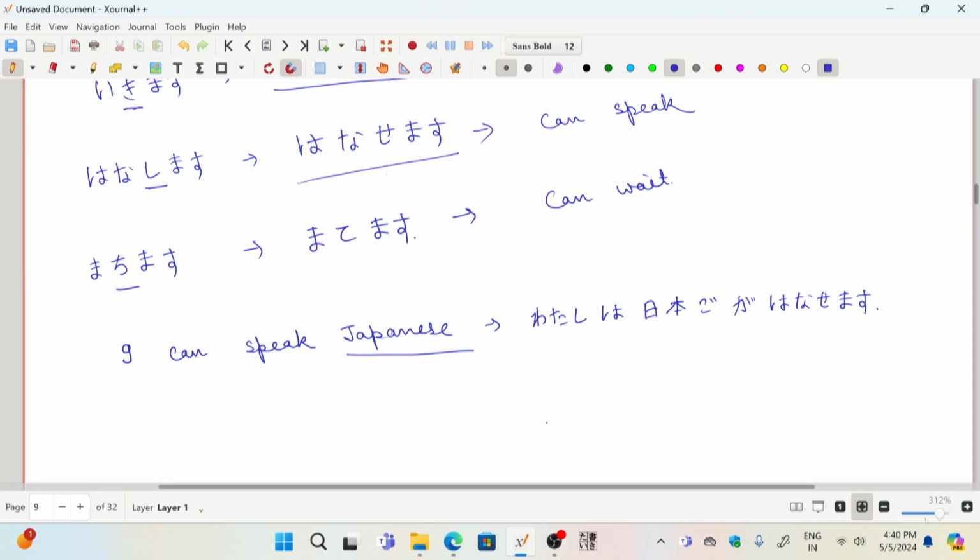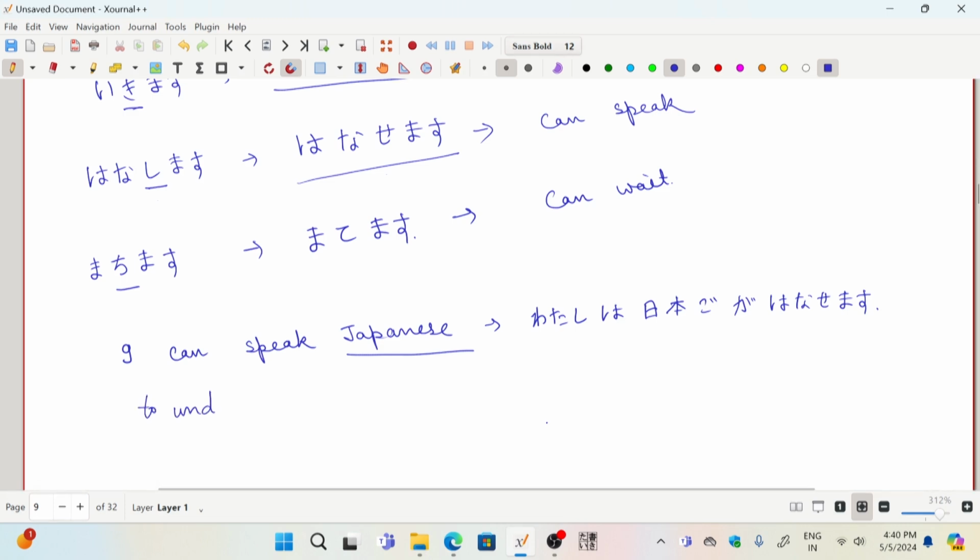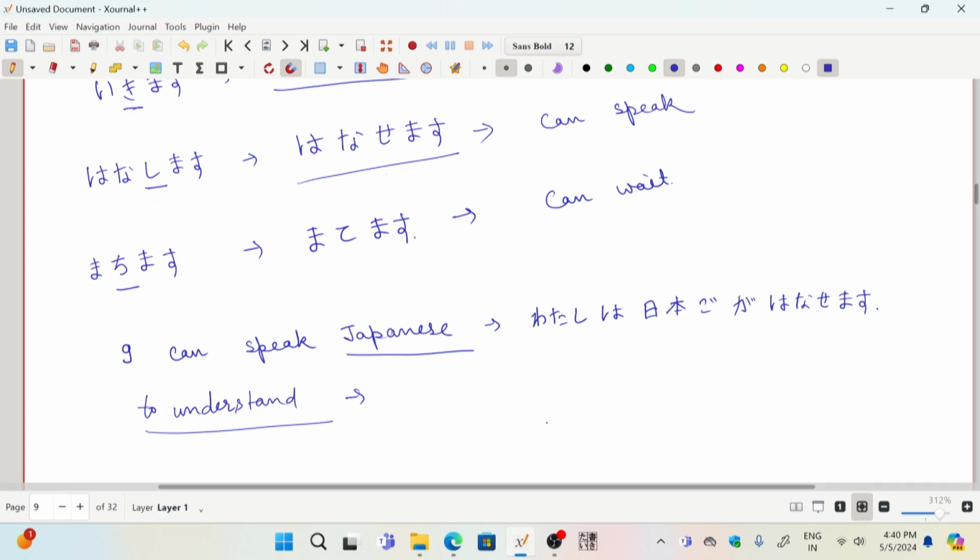Or I can understand. To understand is wakarimasu. Since understand in itself is a potential verb, wakarimasu will not change. Wakarimasu will remain the same.